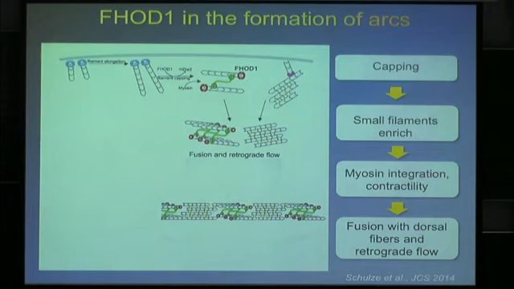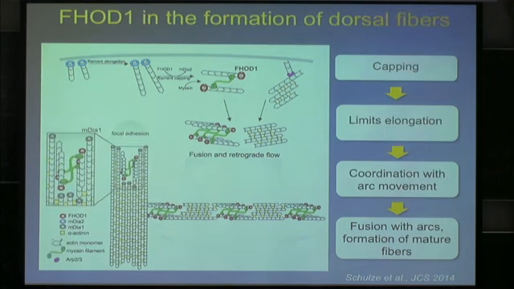This will give myosin and other regulators the chance to organize those small filaments much better. And then the arcs would be able to fuse with the dorsal fibers, which are represented here.